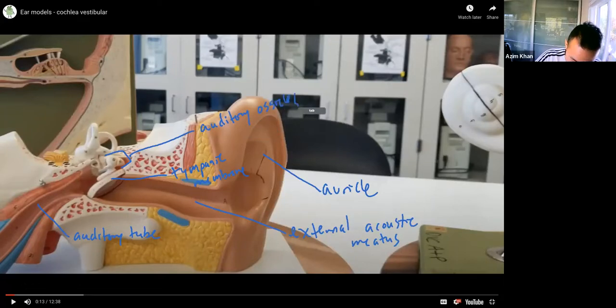And then over here, you can see the loops of the semicircular canals, and then a bulge, and then over here a cut cochlea. So really this is the vestibular organ and the cochlea.